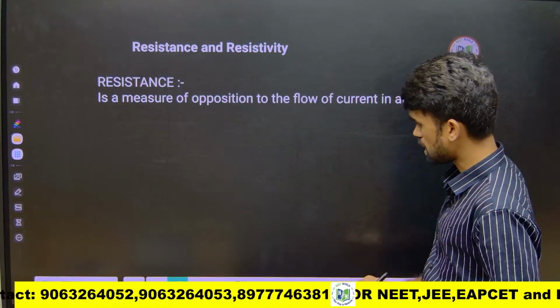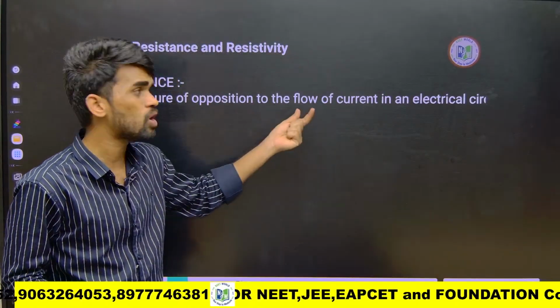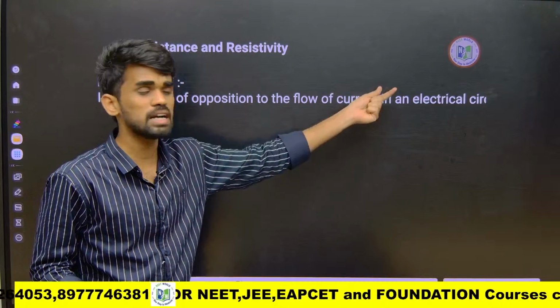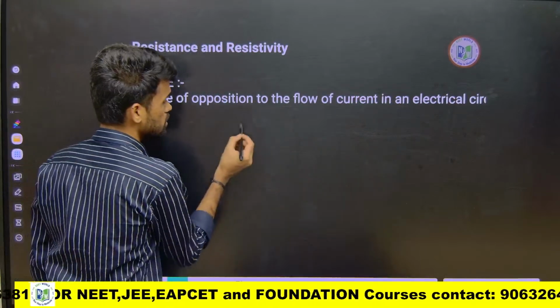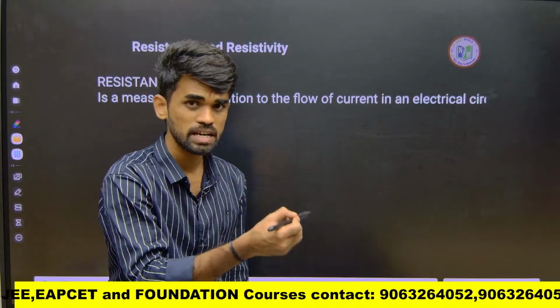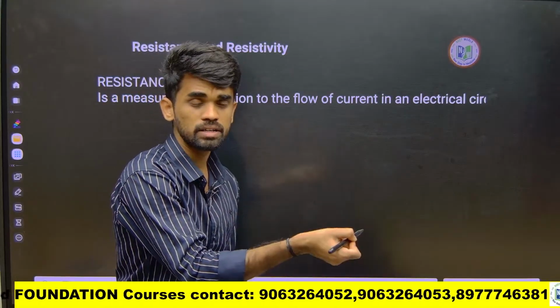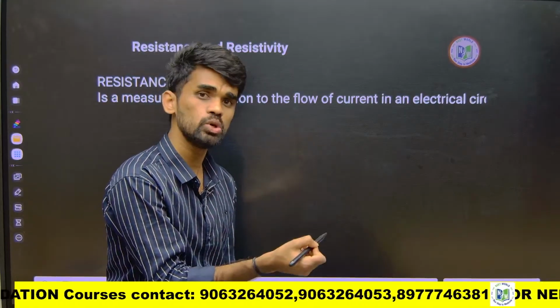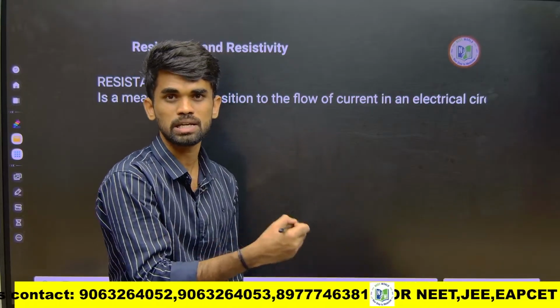So what exactly is resistance? It is a measure of opposition to the flow of current in an electrical circuit, something like a hindrance to the flow of current. It is the opposition to the flow of current in an electrolytic solution if you are talking about a solution, or in a circuit if you are talking about electronic or metallic conductors.